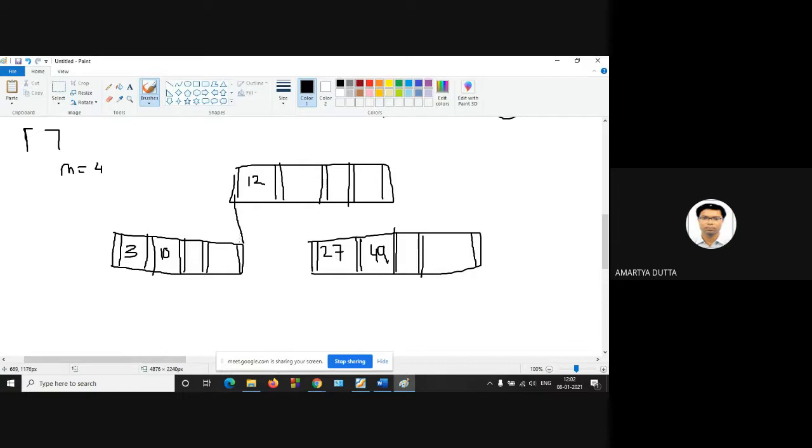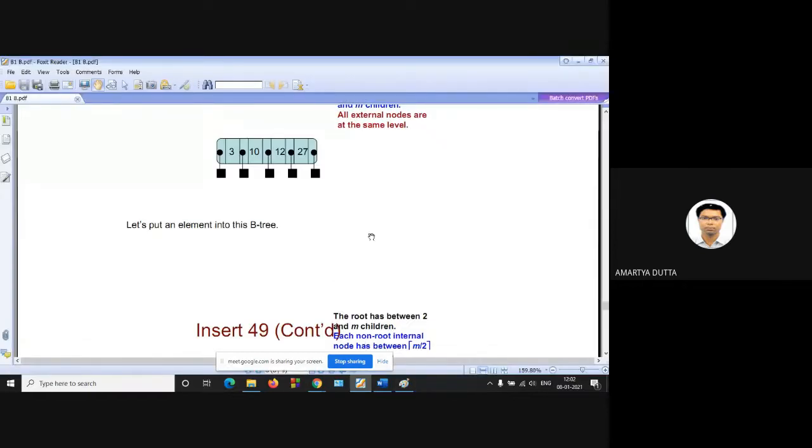So this side is less than 12, and this side is greater. So 2 children. If we insert 49, it looks this way. Is the deletion clear?